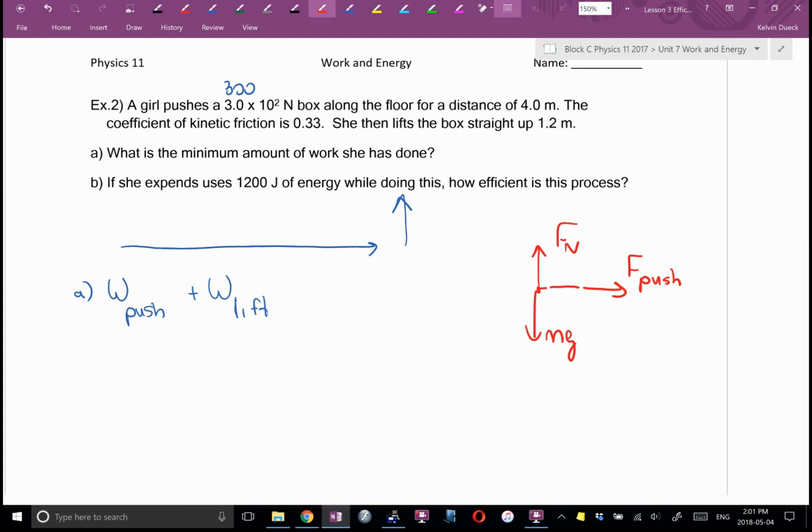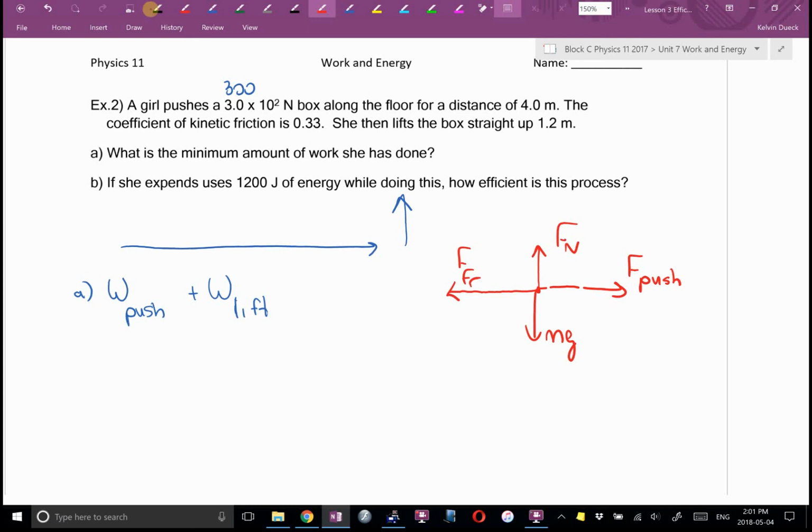How big does it have to be if this thing is going to move? What does it have to cancel out? And this is why I said minimum. She might be pushing hard enough to have extra force, but let's assume she's going at a constant speed. She is exactly and only canceling out friction. That's it.